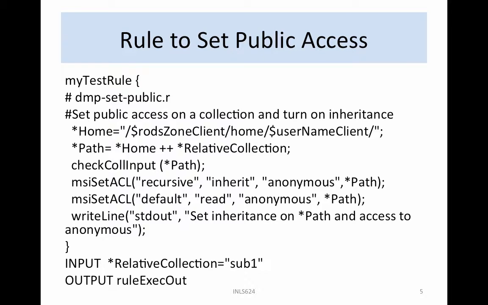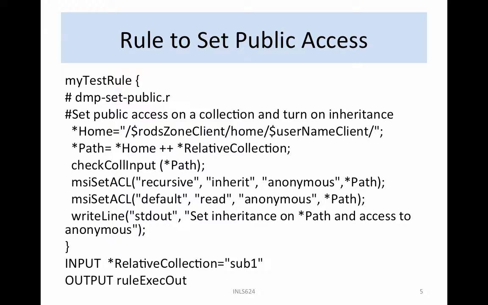An example of the use of the msiSetACL microservice is shown here in the DMPsetpublic.r rule. The rule is available in LifeLive Zone, Home, RW, More Rules, DMPsetpublic.r. The rule has an input parameter, relative collection, which defines which collection will have access controls changed. The rule creates the full path name to the collection by prepending $rodsZoneClient, home, $userNameClient.